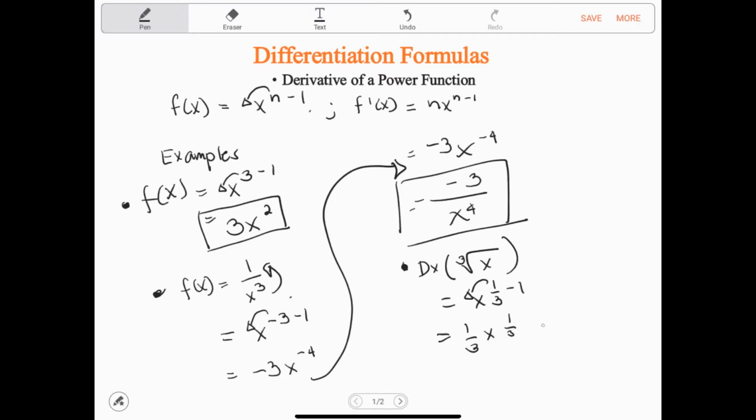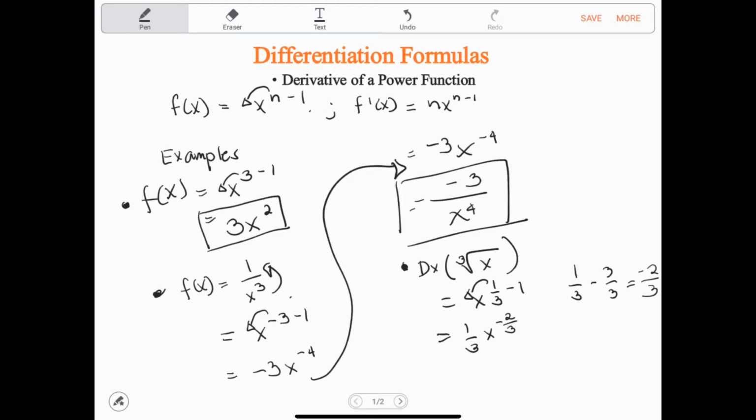When subtracting fractions, we can copy the denominator, so it's going to be 1 over 3 minus 3 over 3. So 1 minus 3 is equal to negative 2, then copy the denominator. So it's going to be 1 over 3 x to the power of negative 2 over 3.